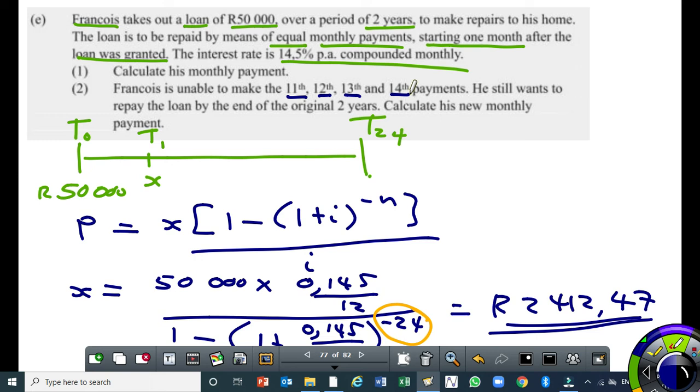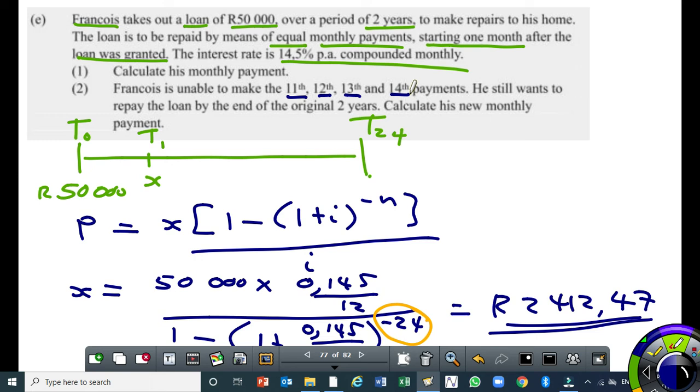Now, we want to know how much money he was owing after making the 10th payment. Why do we need to know that? Because when you miss a payment, during the period that you miss payments, there is a specific amount which you will be owing in total, a large amount.